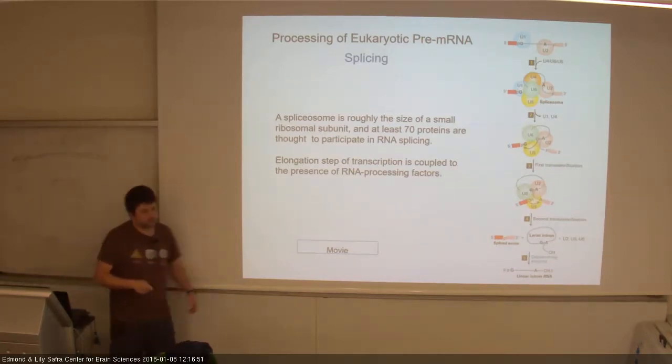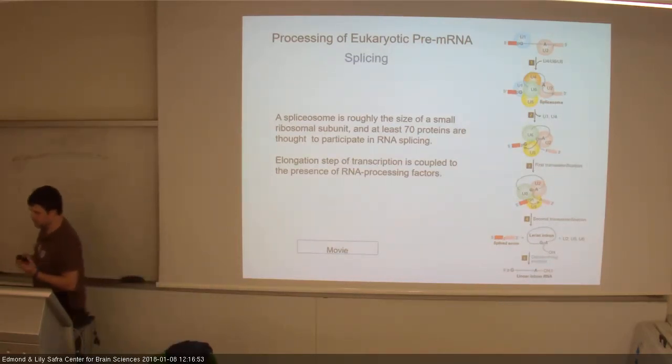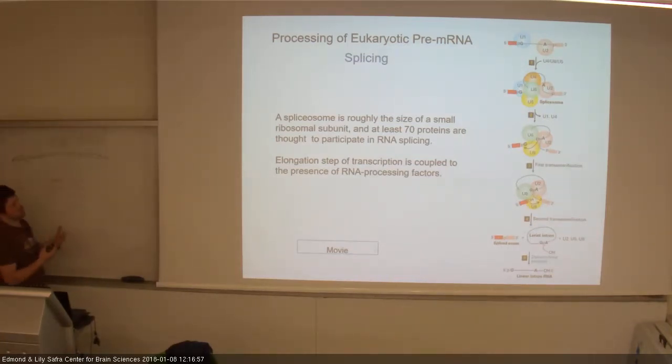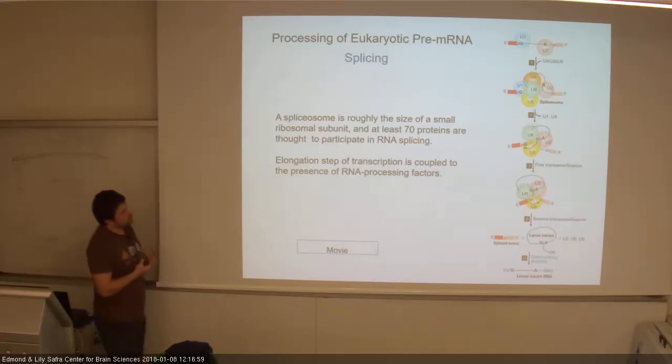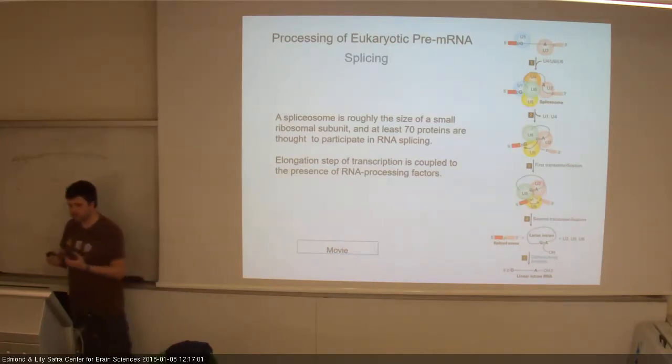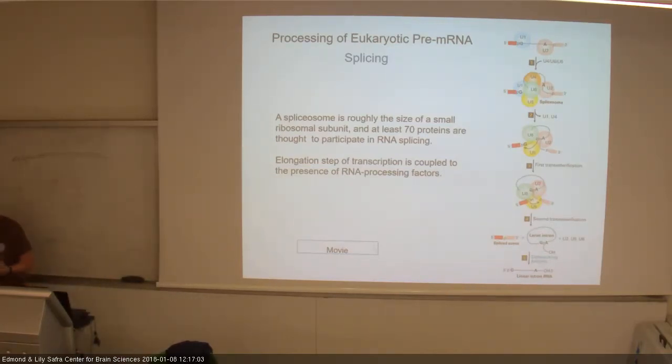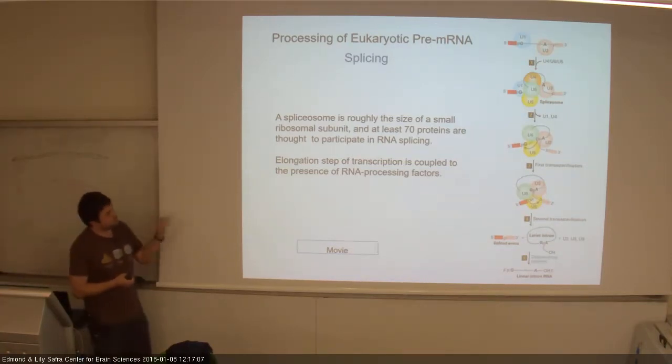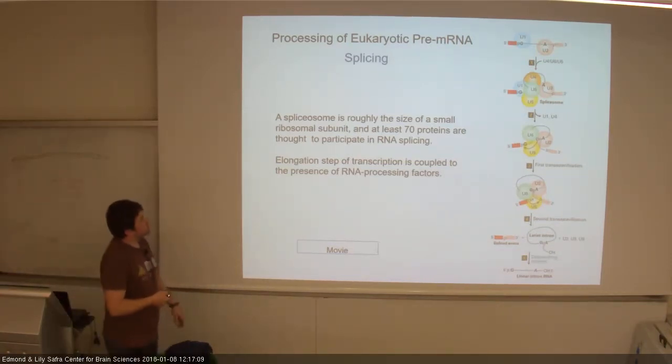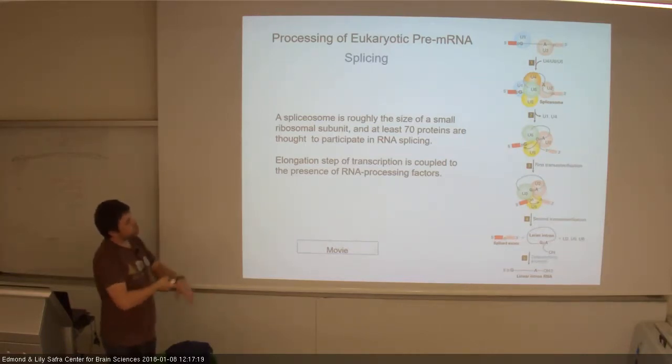A spliceosome is a general word for a complex that, in eukaryotes, in complex life forms like us, is a very intricate and complex machinery. It involves about 70 proteins and RNA molecules, and the goal of this machinery is to mediate proper splicing.